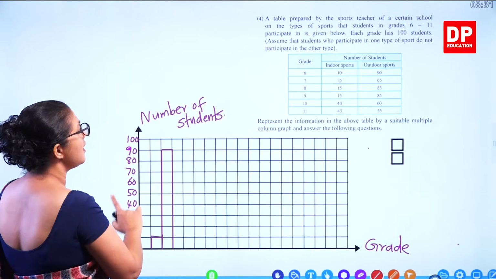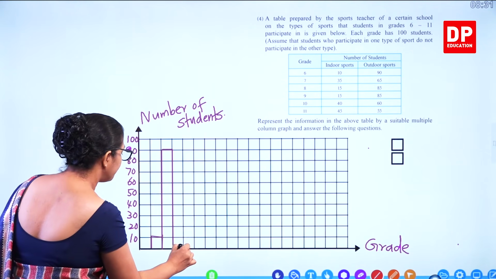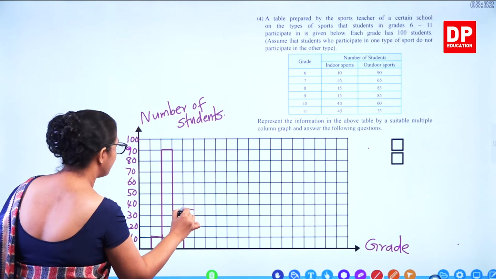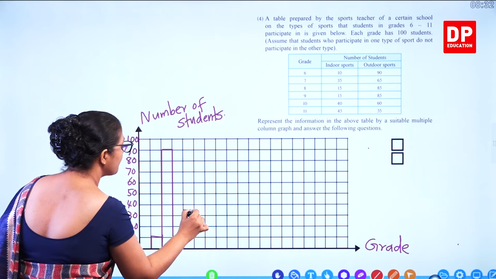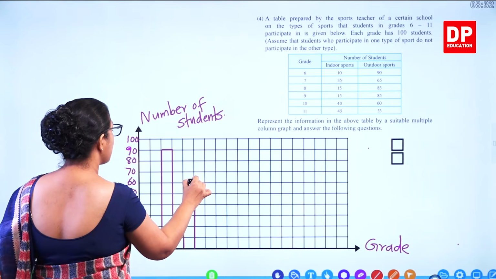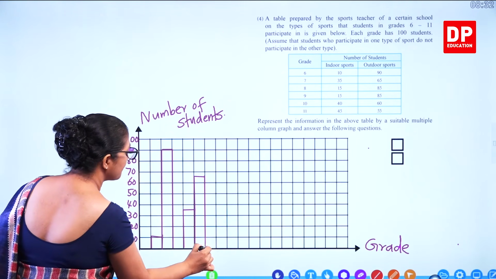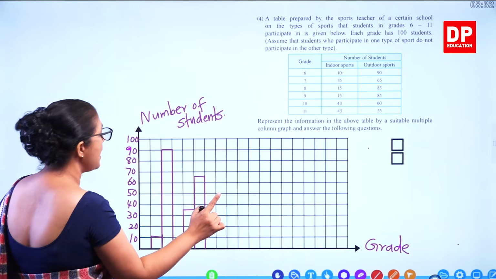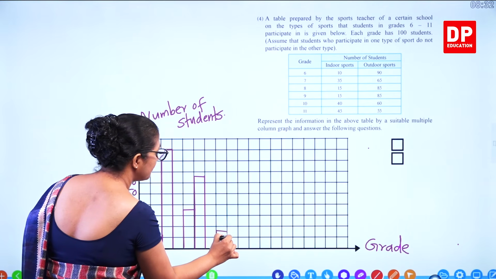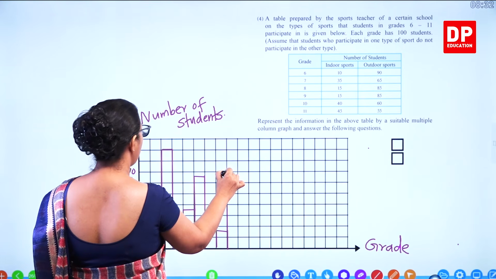That's grade 6, indoor and outdoor. Grade 7, 35, 65. 35, 65. 15, 85.